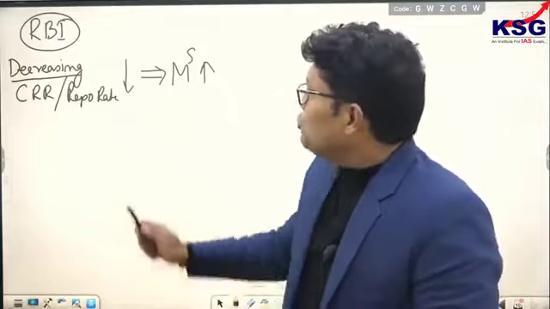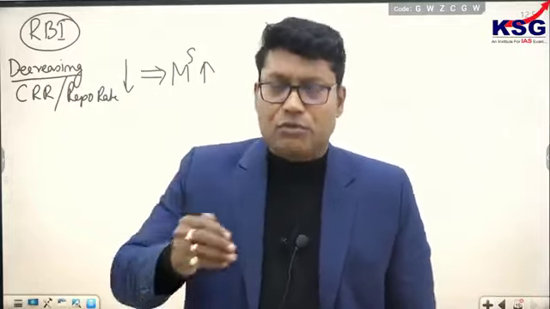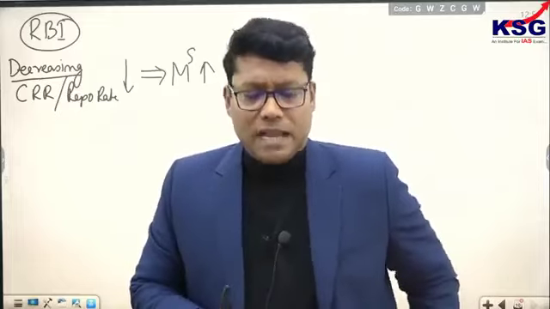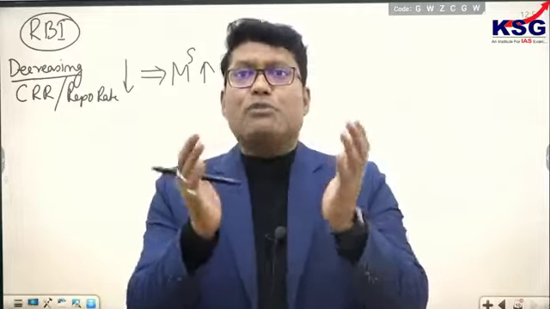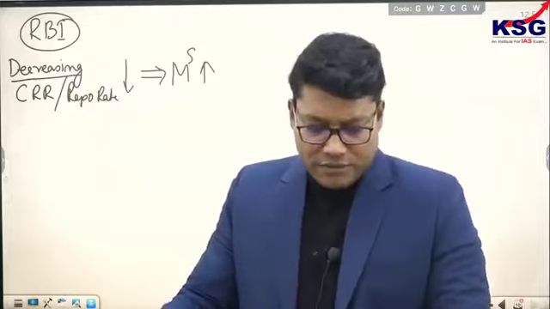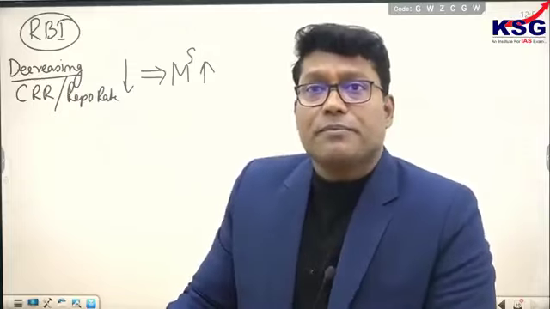But suppose due to the RBI monetary policy, the RBI cuts the CRR or cuts the repo rate. What happens? There is more liquidity with the banks. When I discuss the repo rate, I will tell you how it works and why the banks have more liquidity.